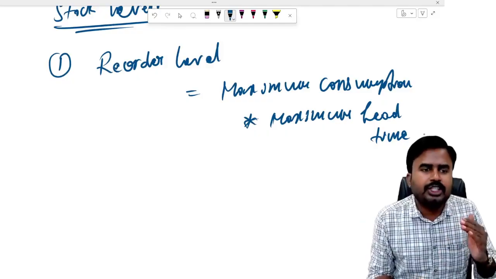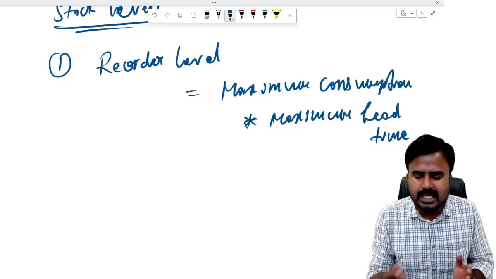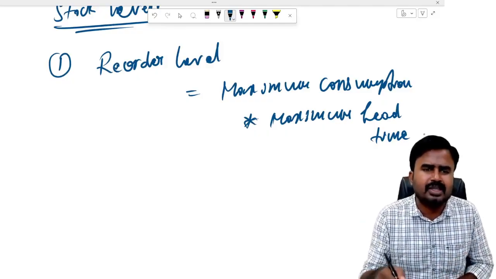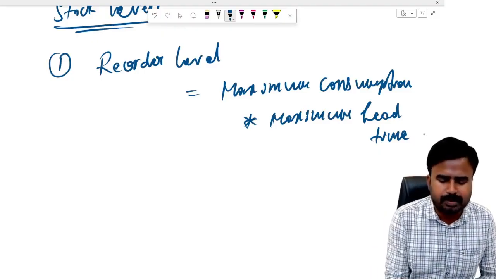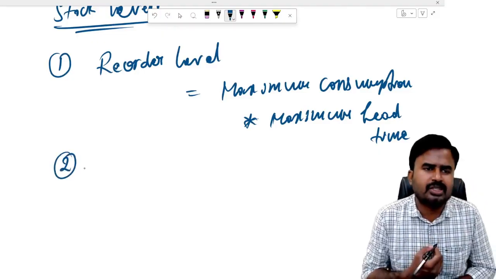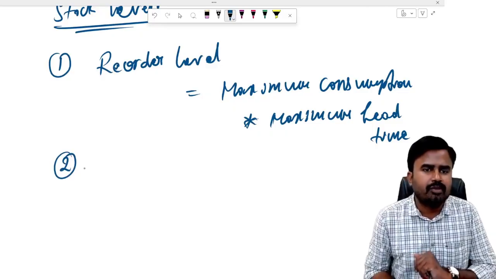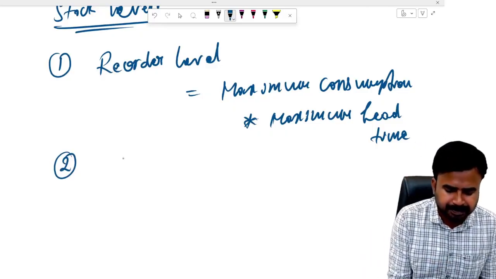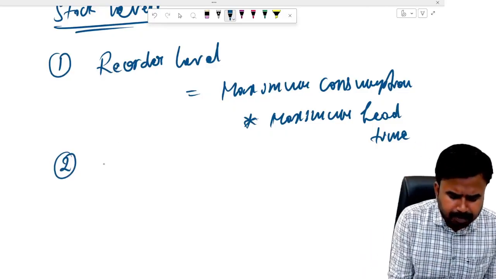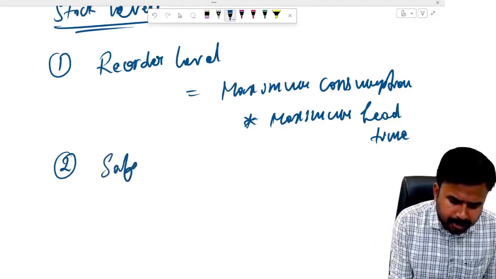The reorder level is the level at which I should go for a fresh order. So at what level should I place a fresh order? Simply it is maximum consumption into maximum lead time. There is a logic behind this, but we don't have enough time to explain it, so just go by the formula. The second point is safety stock or minimum stock level.